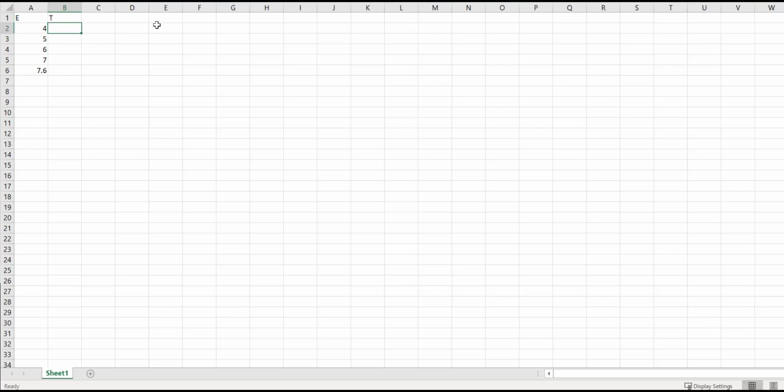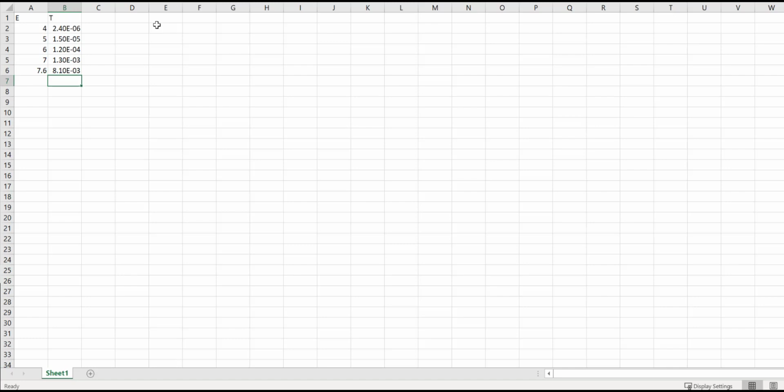T is a probability, so it's going to be 2.4 times 10 to the negative 6, then 1.5 times 10 to the negative 5, then 1.2 times 10 to the negative 4, and then 0.0013, and 0.0081.